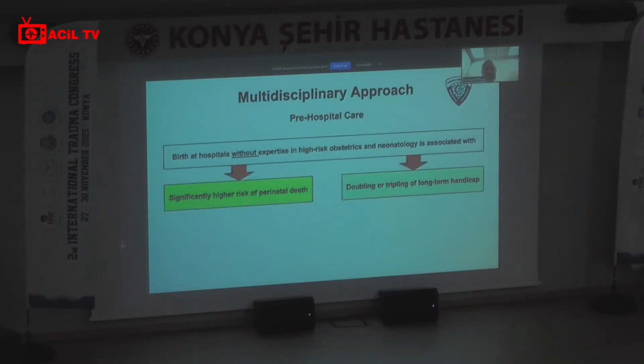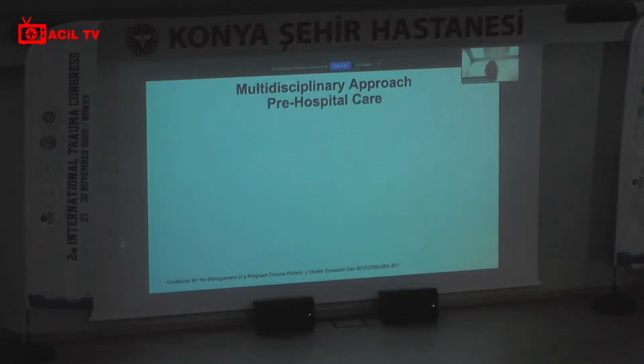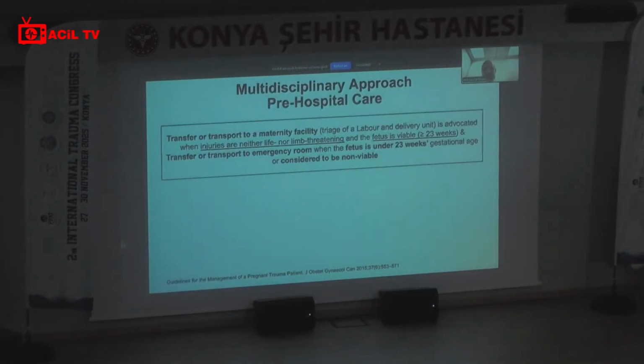Birth at a hospital without experience is associated with a higher risk of maternal and neonatal perinatal death, as well as double or triple the long-term handicap for the infant. For that reason, we have to have a clear guideline for the pre-hospital care and where the patient is delivered to in the hospital.